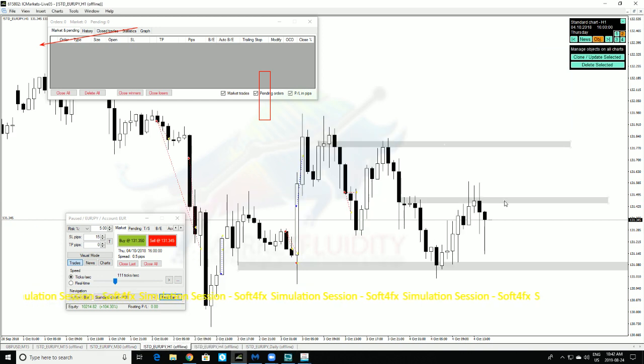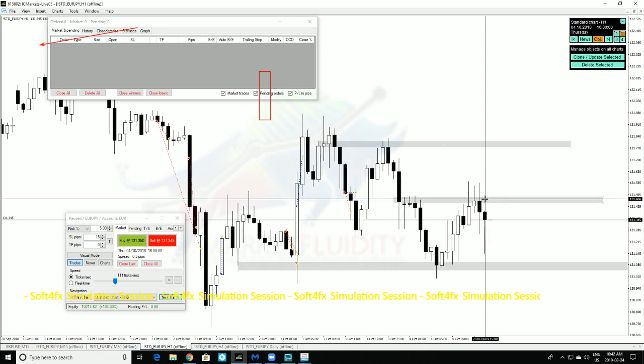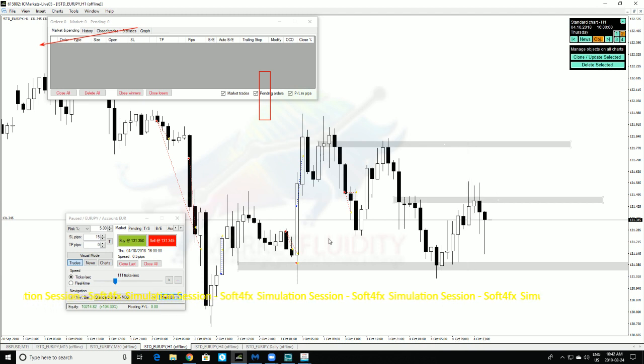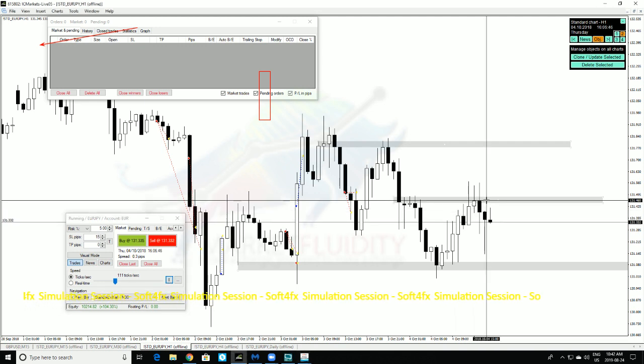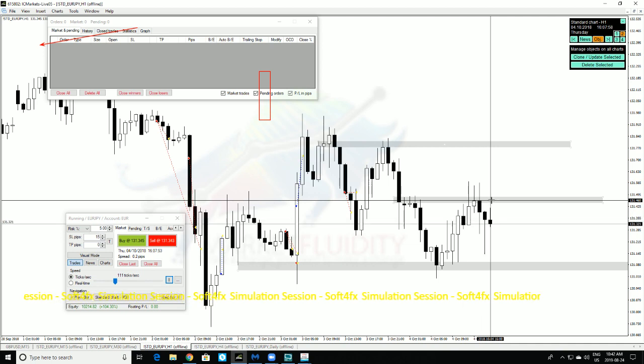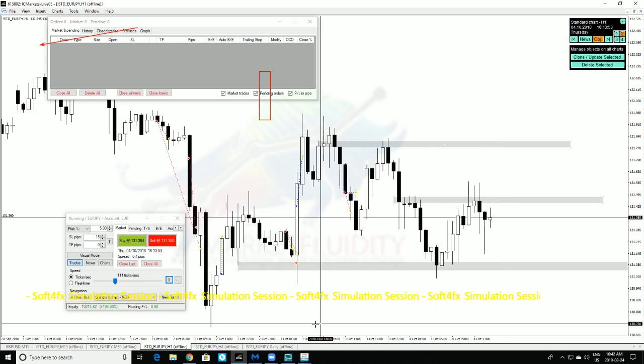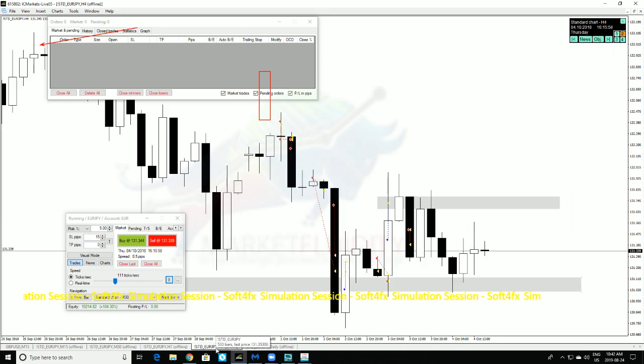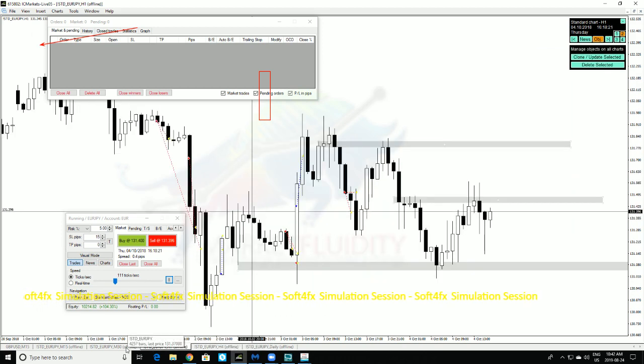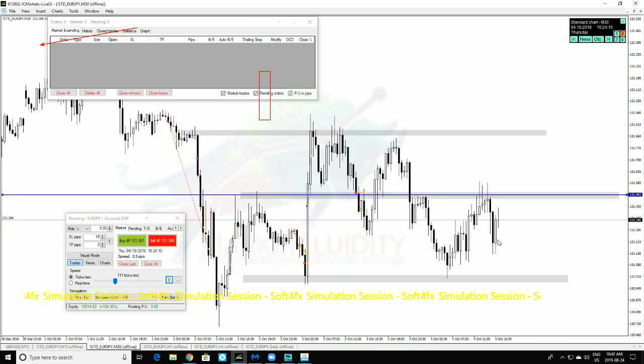This is interesting, because the 1 hour is rejecting this resistance, right? If we have a close below this area, we can possibly have sells, but we need a resistance to be formed first. So we're going to wait for that resistance to be formed. See, the candles are moving up.